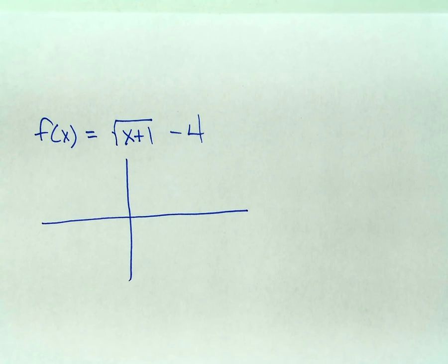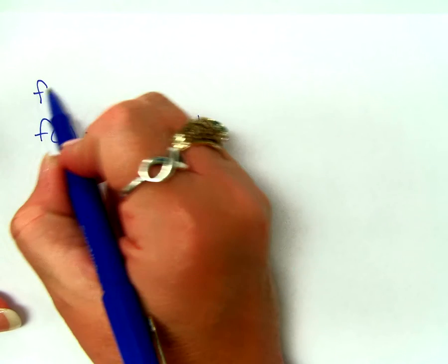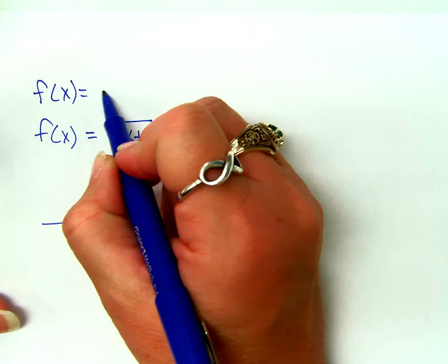Do you remember what the parent function of square root looks like? Good guess. That's a very good guess. So think about this. Let's put in some values. Remember what our parent function looks like, first of all? f(x) equals the square root of x.